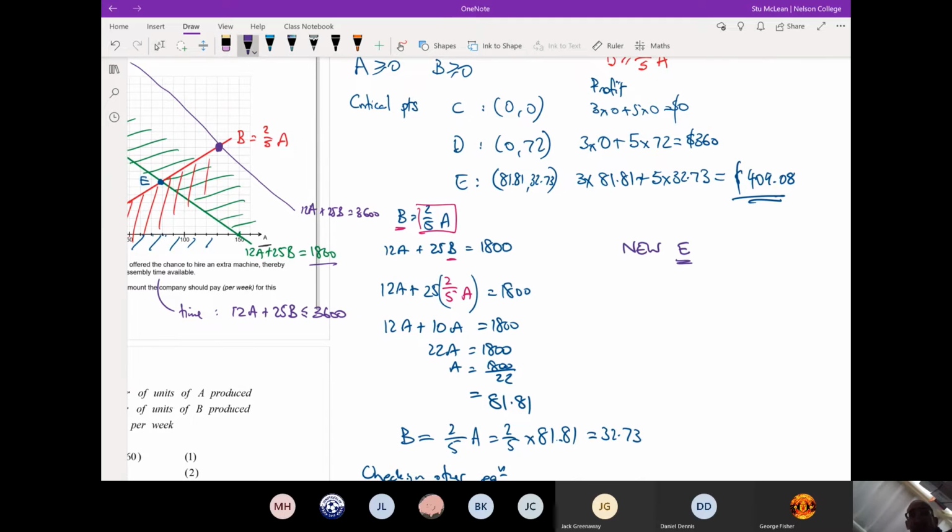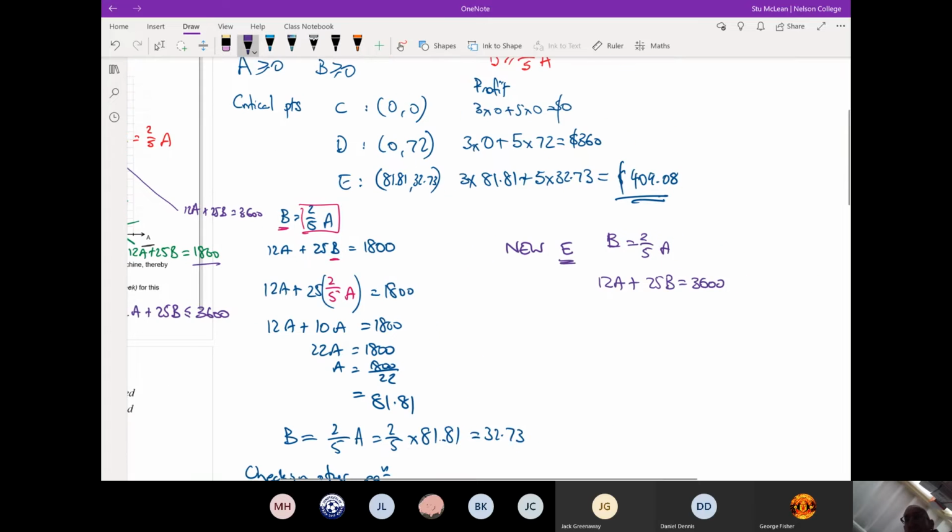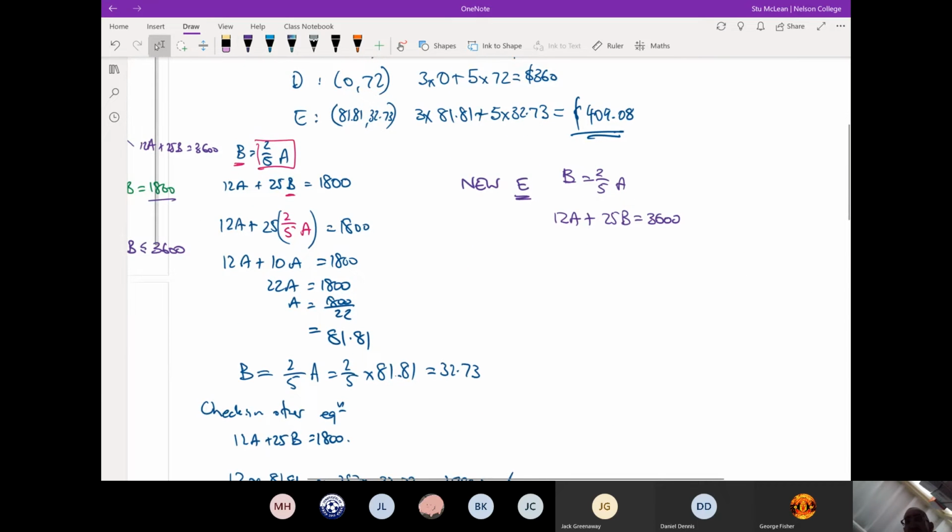So let's find the new E. We know that B equals 2/5 A, and we know that 12A plus 25B equals 3600. Again, doing the same as before, I'm going to get 22A equals 3600.